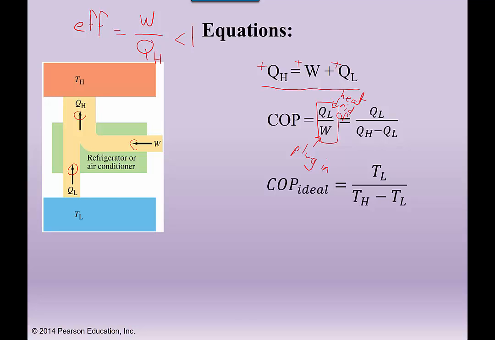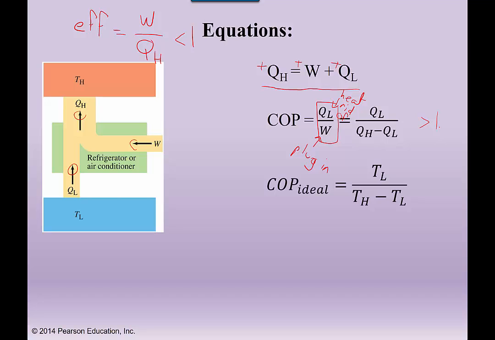Again, if we use the QH equals W plus QL up here, we can rearrange this COP equation to end up with QL over QH minus QL. And now we have an issue, because this can be greater than 1.